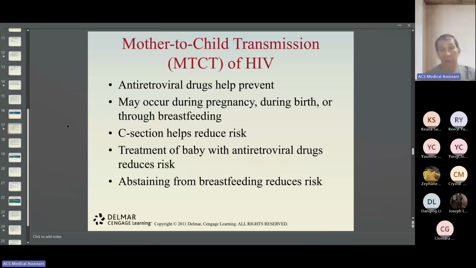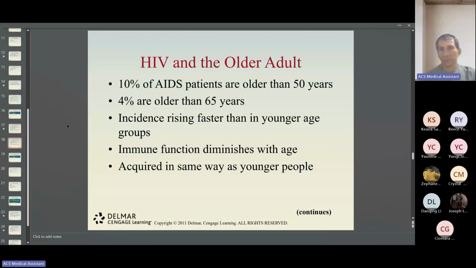The baby was born free of HIV, but now you breastfeed the child and you're going to pass the HIV. So that's not good. So patients are educated about the risk of passing HIV to a child. So they offer the C-section and the antiretroviral drug administration for the child and for the mother.